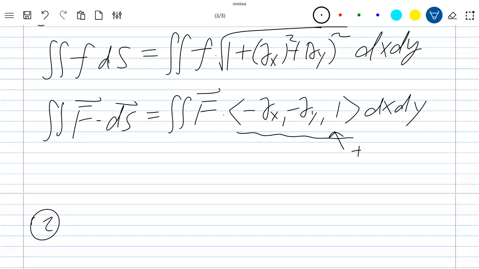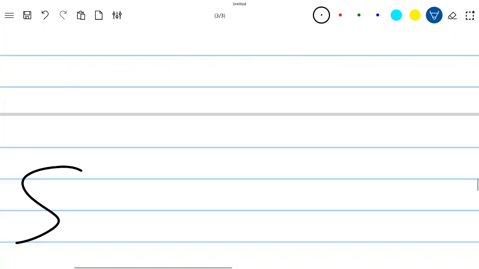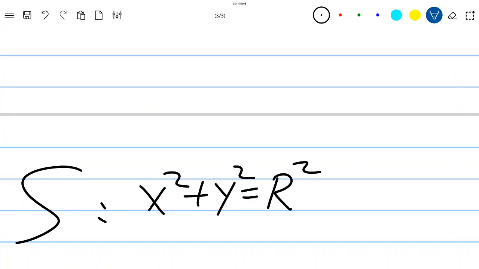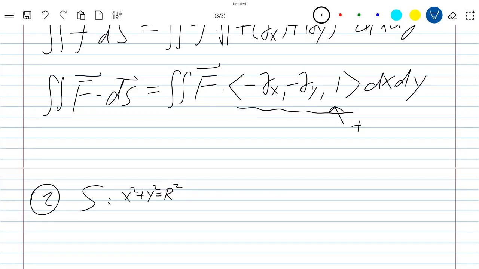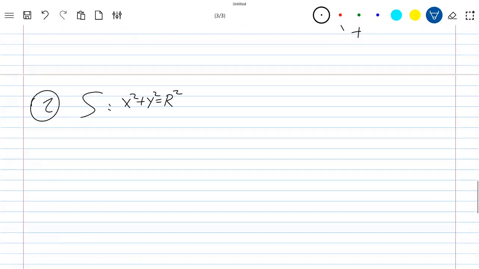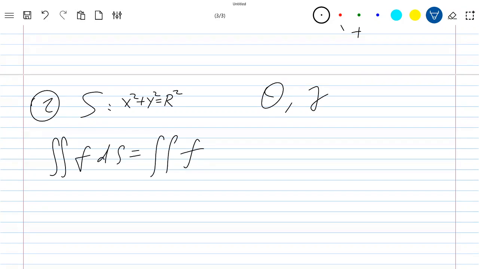Second case, let's say it's a cylinder. So if it's on a cylinder of radius r, then you can use cylindrical coordinates. So we will use theta and z to parameterize the surface, and then this will become f times, and the surface element is pretty simple, it's just this.